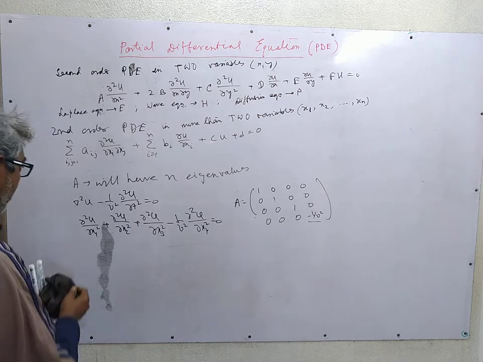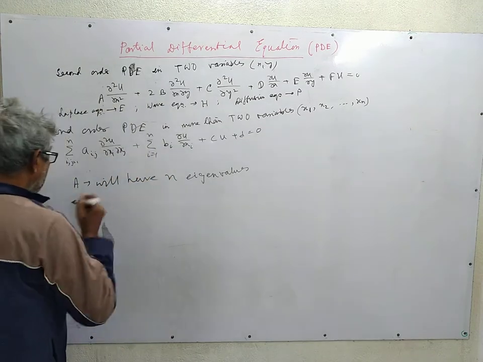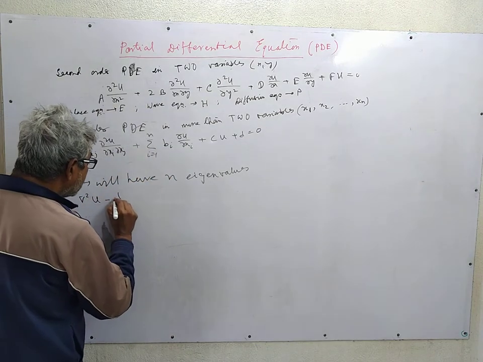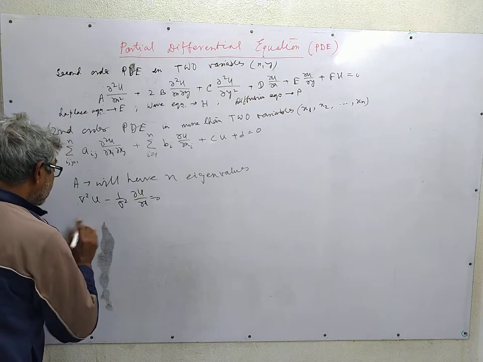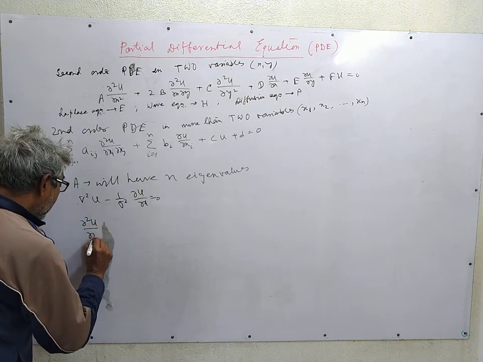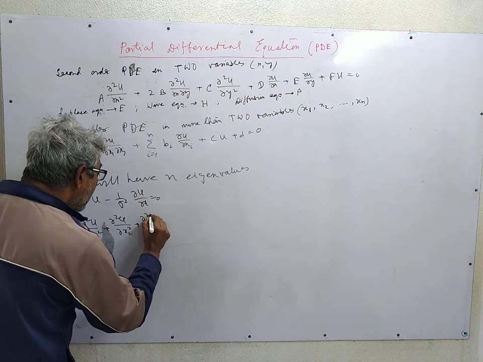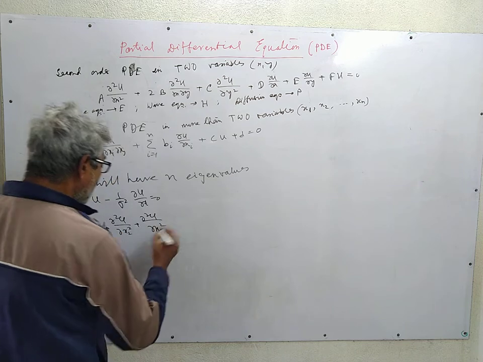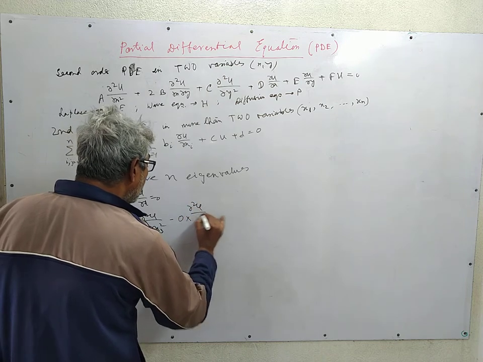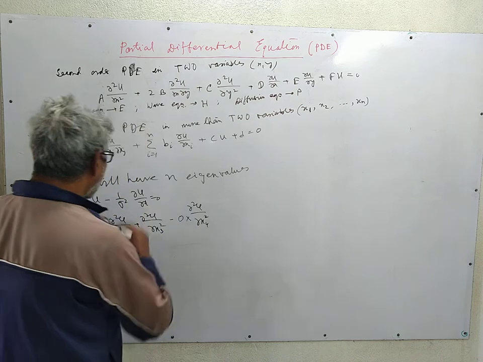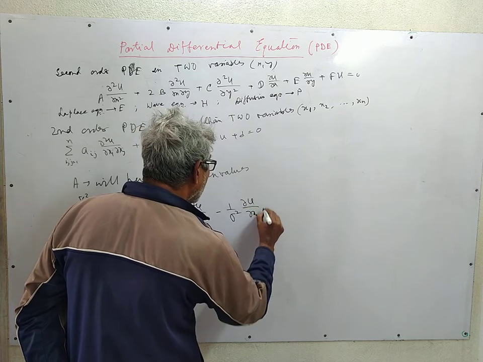Now coming to the diffusion equation. In 3 dimensions this reads like del 2u del x1 2 plus del 2u del x2 2 plus del 2u del x3 2, and this part is 0 times del 2u del x4 2, and we have minus 1 by sigma square del u del x4 is equal to 0.